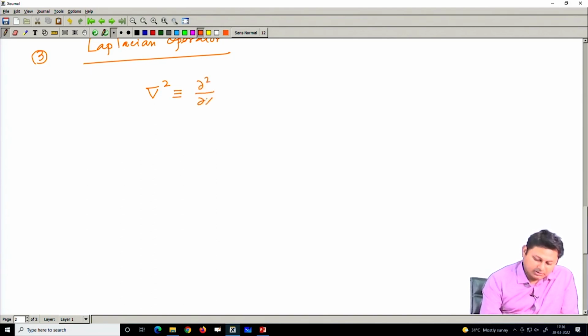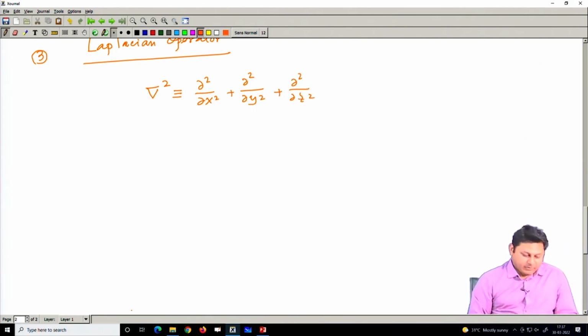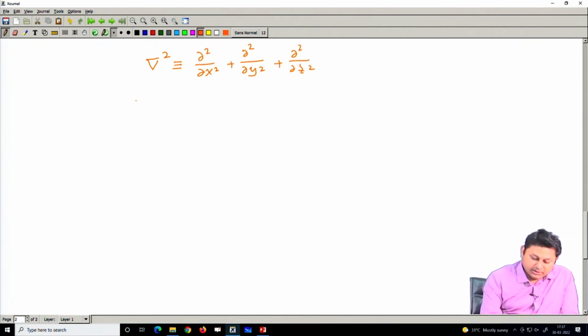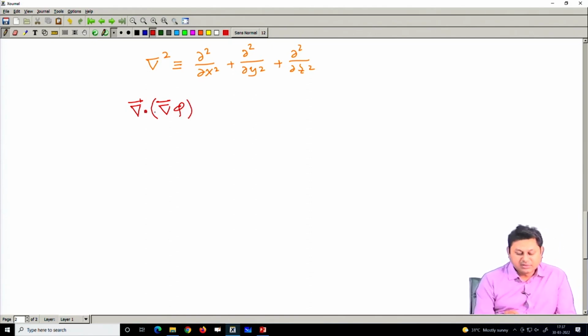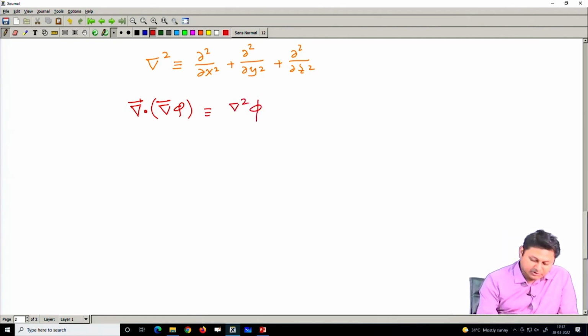This is a scalar operator and it defines a second order partial derivative of x, y and z, which are summed over. And one can consider these things as, first I am having a scalar function, and first make the gradient of the scalar function phi, and you are getting a vector, and then if you make a divergence of that thing, what you are getting is simply the Laplacian of that function.